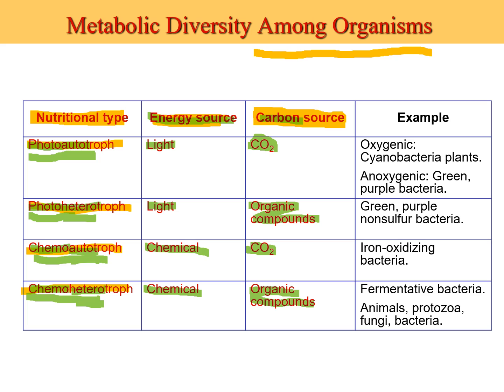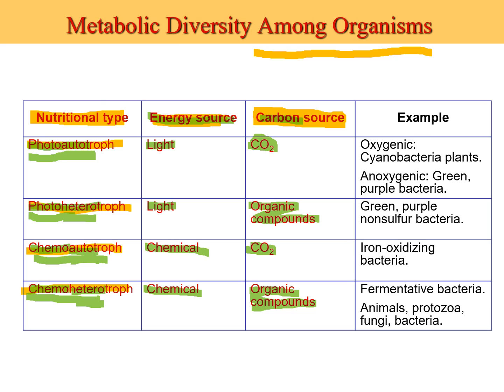And chemoheterotrophs, and we are examples of chemoheterotrophs actually, use chemical organic compounds for energy. We break them down, and organic compounds for carbon source. We eat organic molecules, and many bacteria do also.